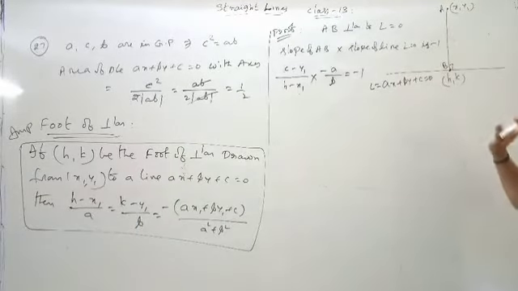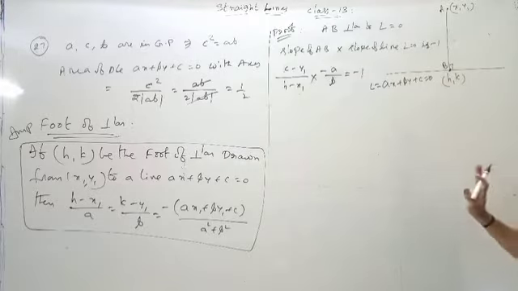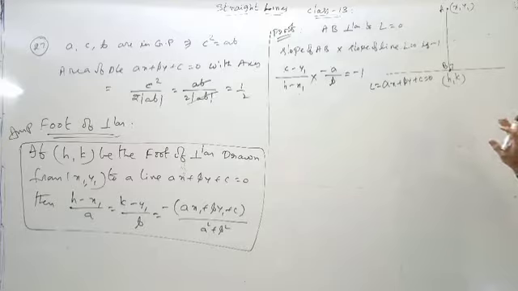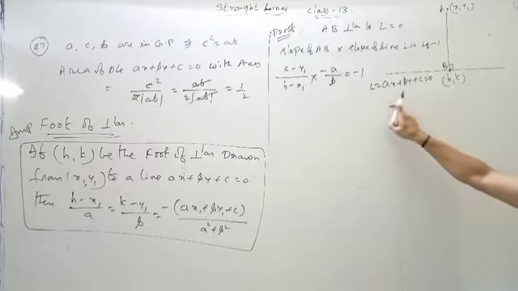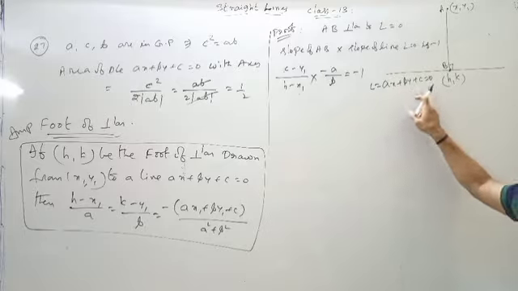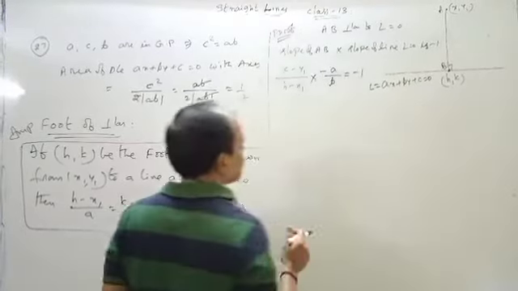These two lines are perpendicular. Whenever two lines are perpendicular, the product of their slopes is equal to −1.